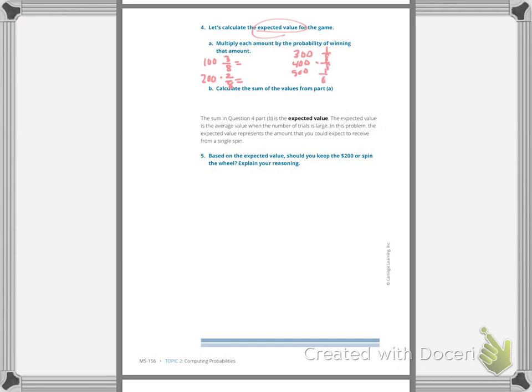Squeezing it in there. So 100 times 3/8, $37.50. 200 times 2/8 is $50. 300 times 1/8, $37.50. 400 times 1/8 is 50.